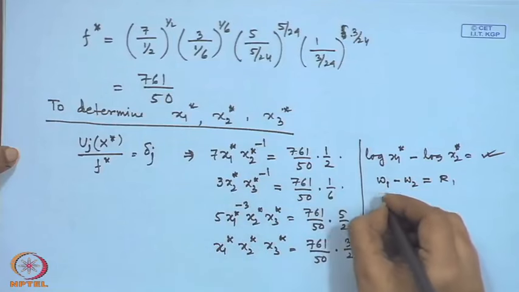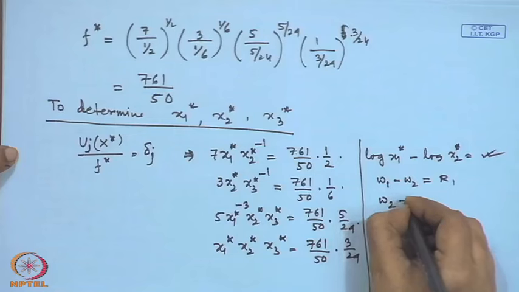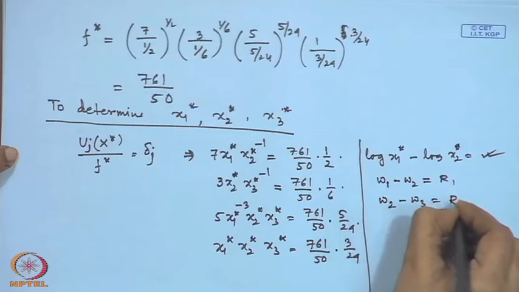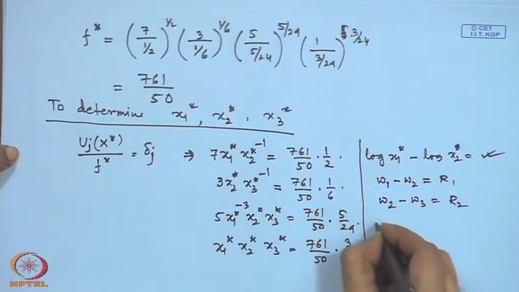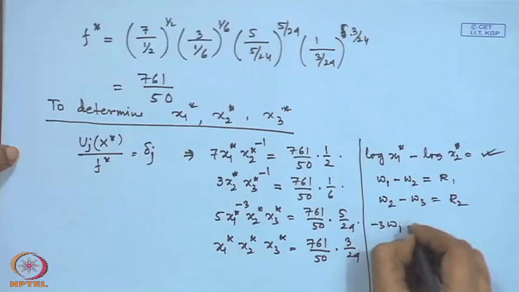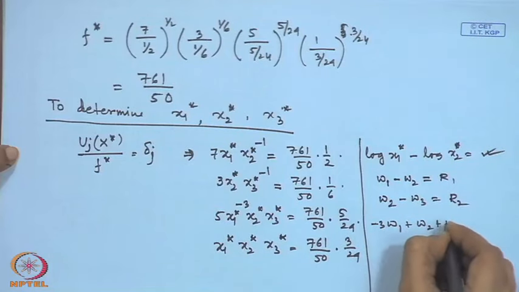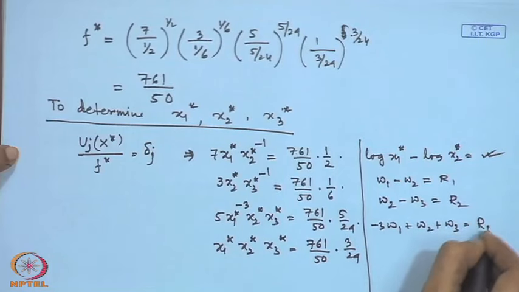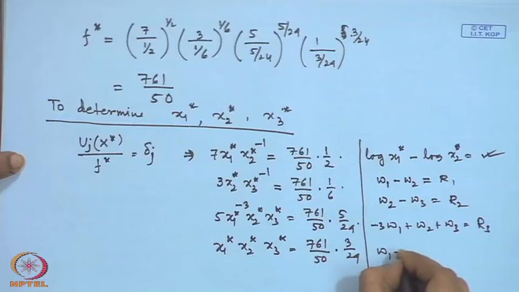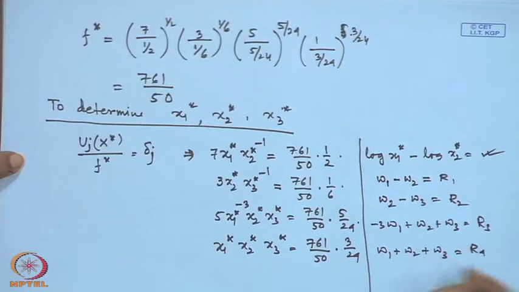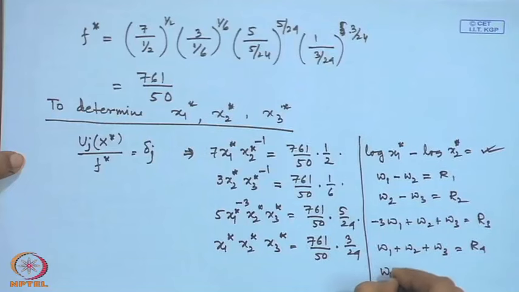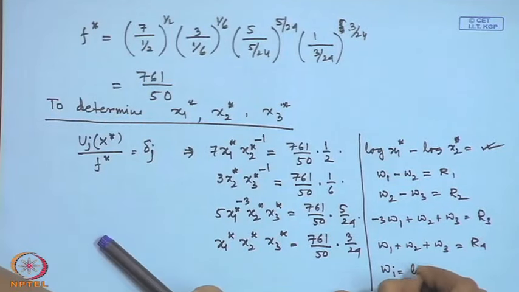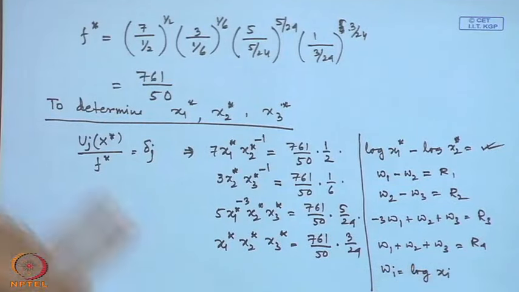And from here we are getting W2 minus W3 is equal to R2, minus 3 W1 plus W2 plus W3 is equal to this thing, and W1 plus W2 plus W3 is equal to R4, where Wi is equal to log of xi, rather xi is equal to e to the power Wi.